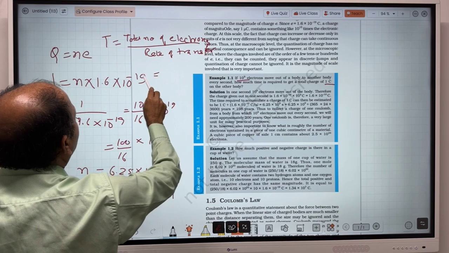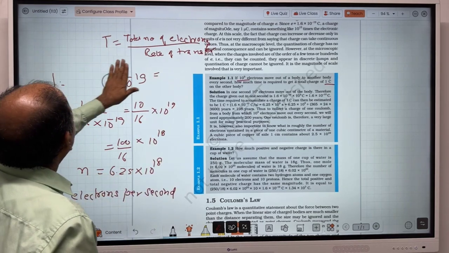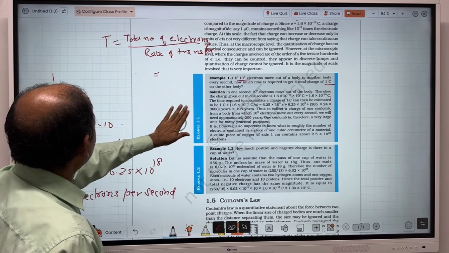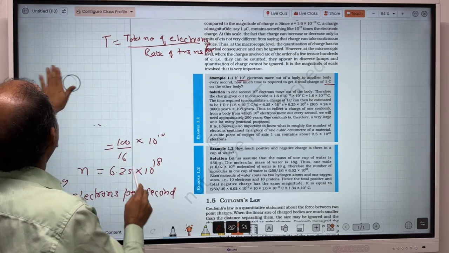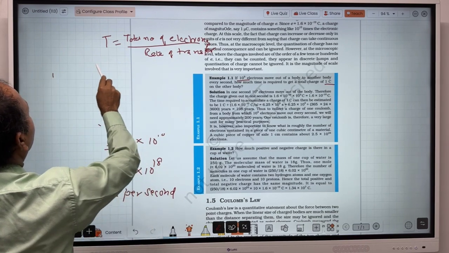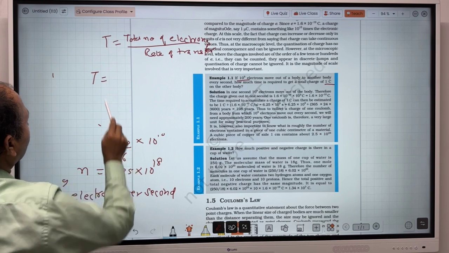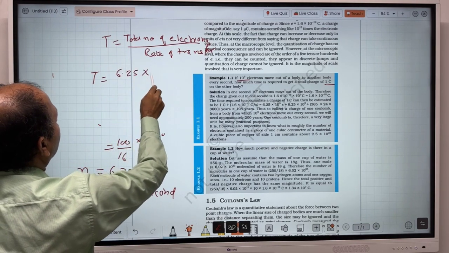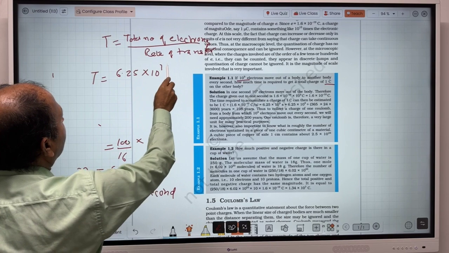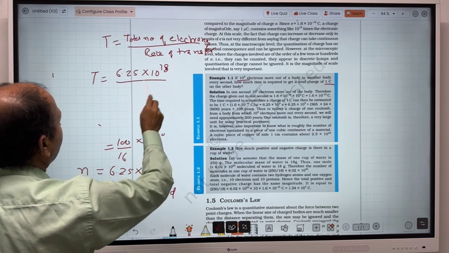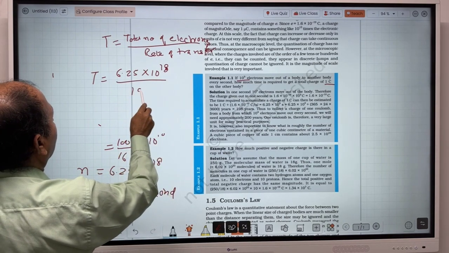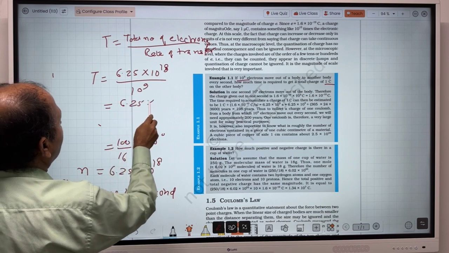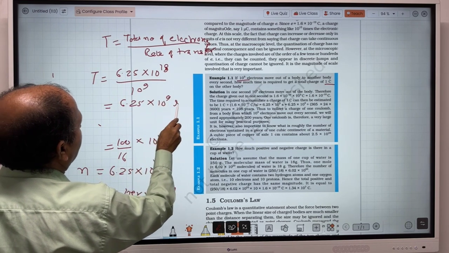The total number of electrons is given here, so T equals 6.25 into 10 to the power 18 divided by 10 power 9. Now simplify: 6.25 into 10 to the power 9 seconds.